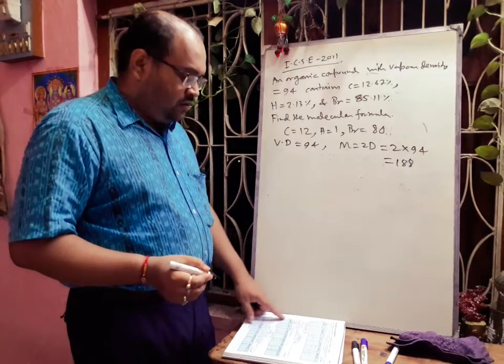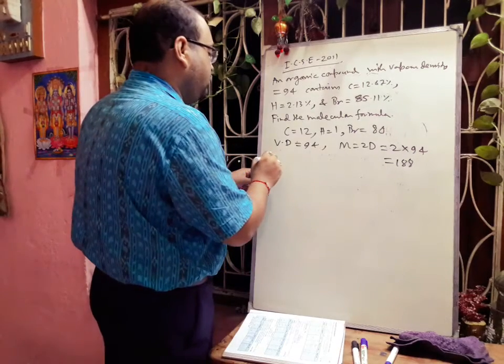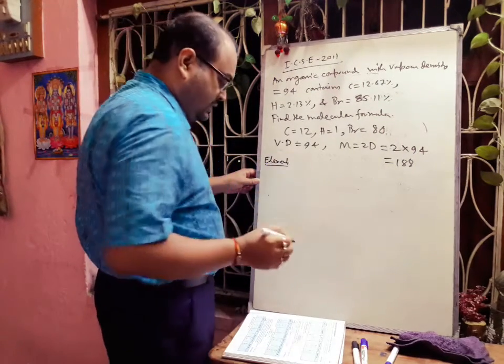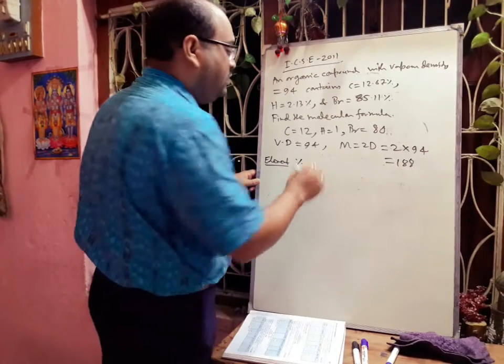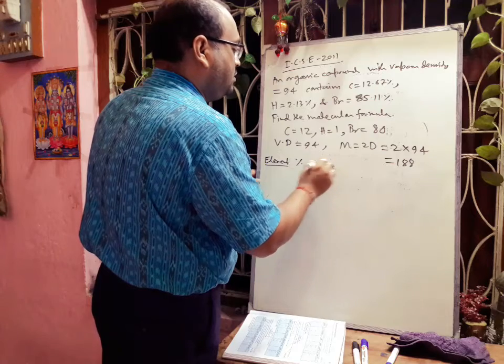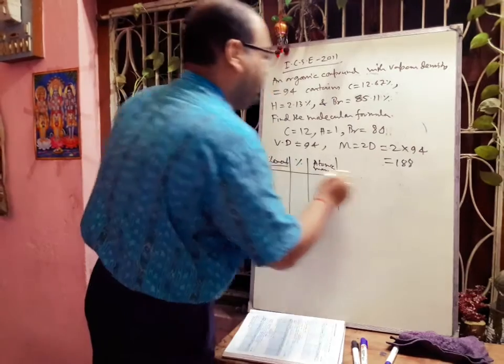Okay, now we have to draw the table. First one we will write element. Second one is the percentage composition. Third one we will write atomic mass. In this way we will make a table.